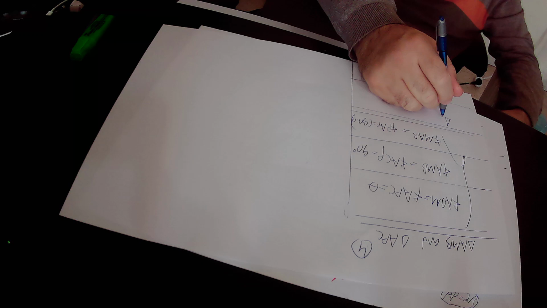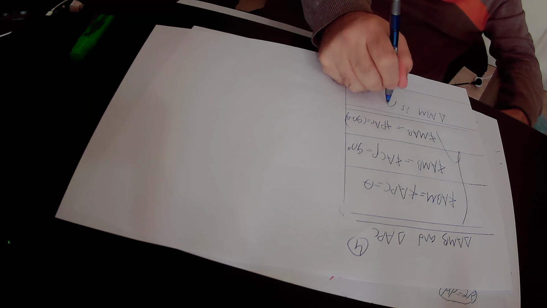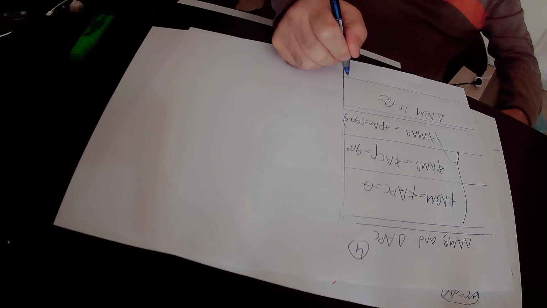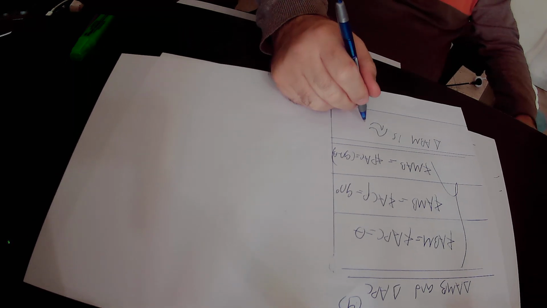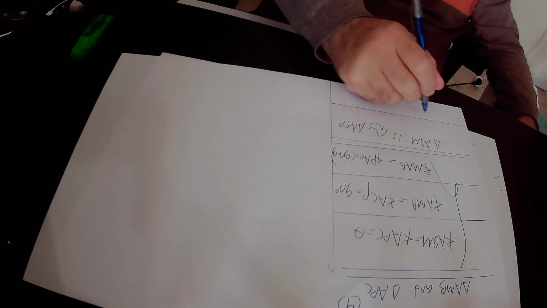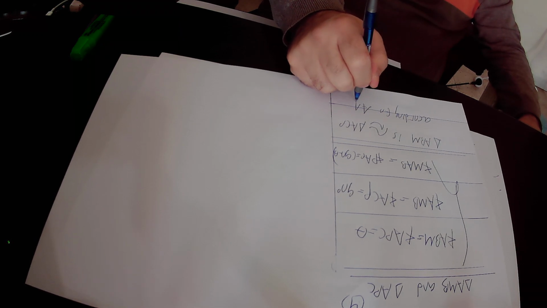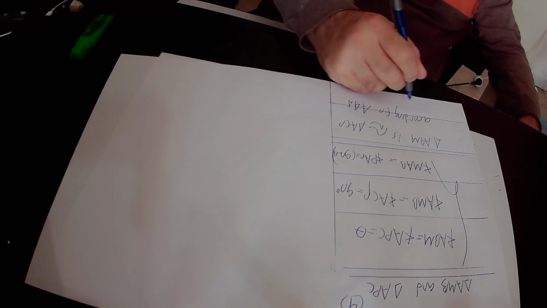The right triangle ABM is similar, this is the sign of similar, to the right triangle ACP, according to the angle similarity rule.